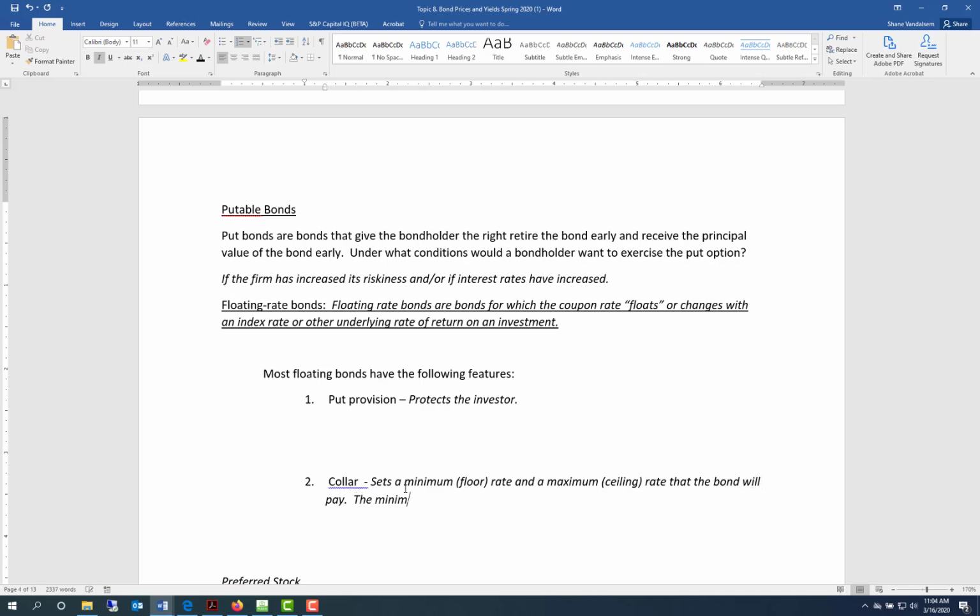The minimum rate protects the investor. And the maximum rate protects the issuer.